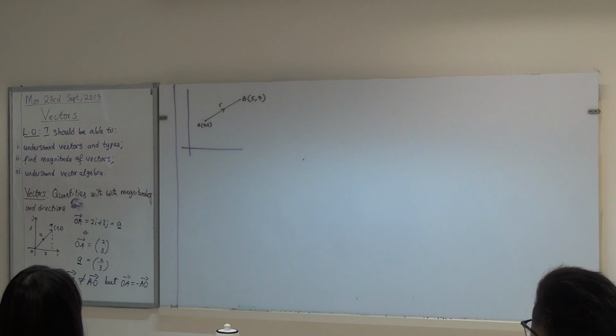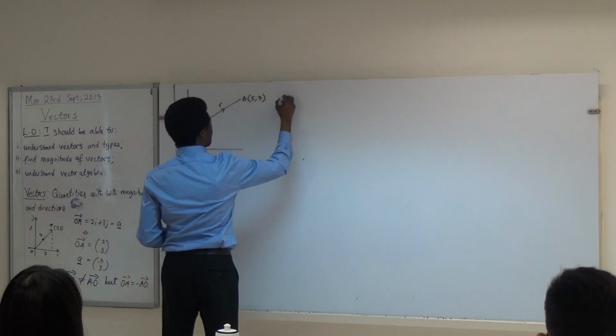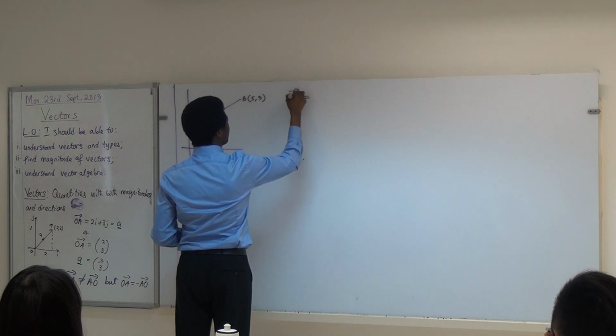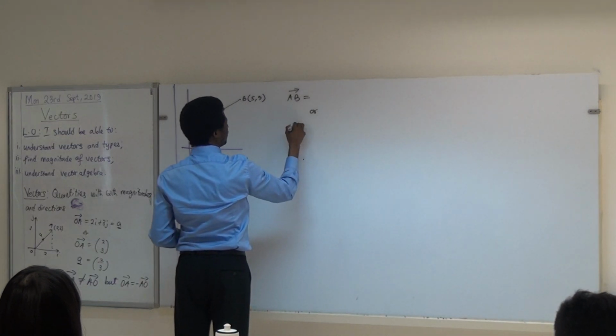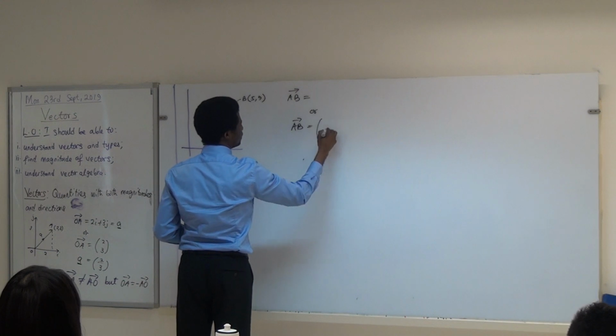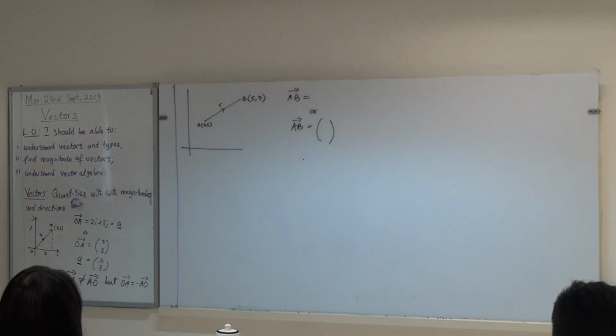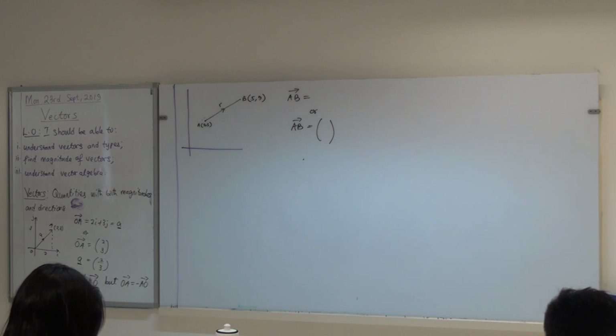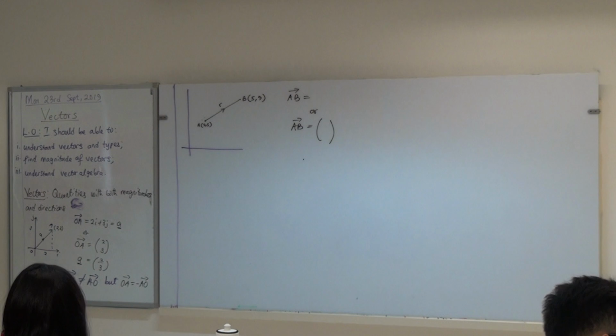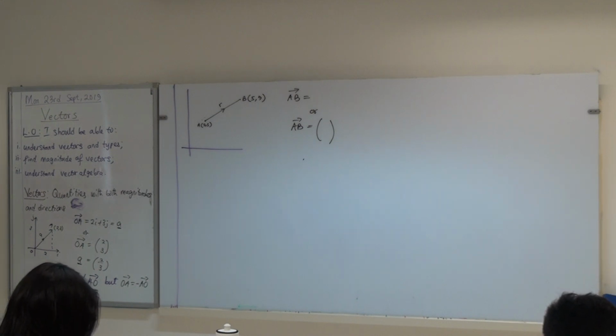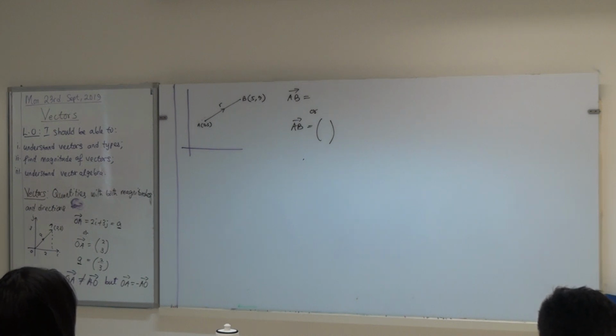Vector AB is what? Write it in i and j form, or AB in matrix form. Try to complete that. Just sit up.